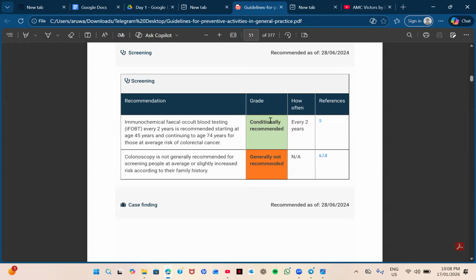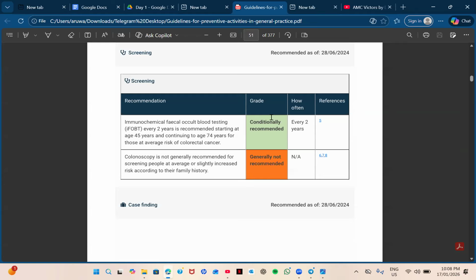Before screening, we do screen asymptomatic people, right? If the patient already has a disease, there's no point in screening; we have to treat them. The main purpose here is prevention and early recognition of these cancers by screening.